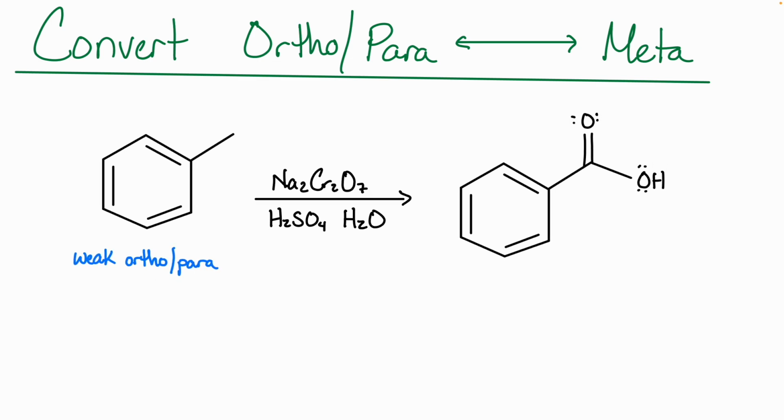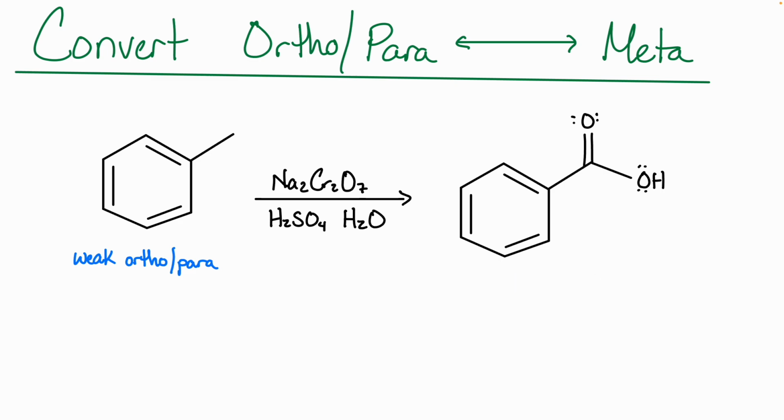Now, again, we've already covered these reactions, but we want to put them in this particular category here because, again, toluene is an ortho-para director, but what is benzoic acid? That's a meta director with that carbonyl group directly next to the ring here. This is what we would call a moderate meta director.